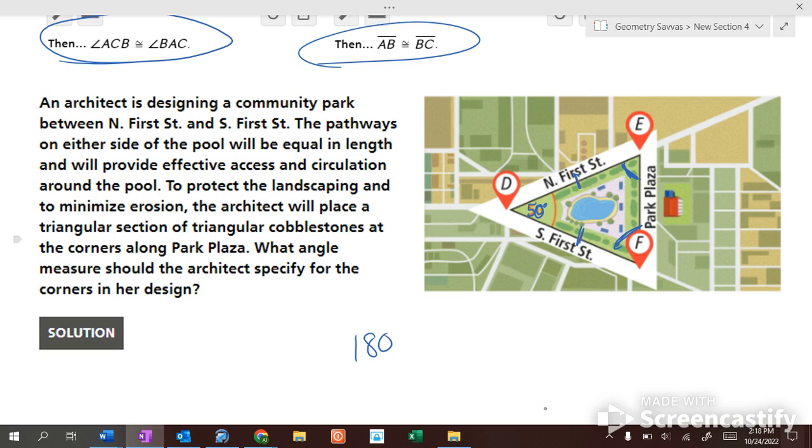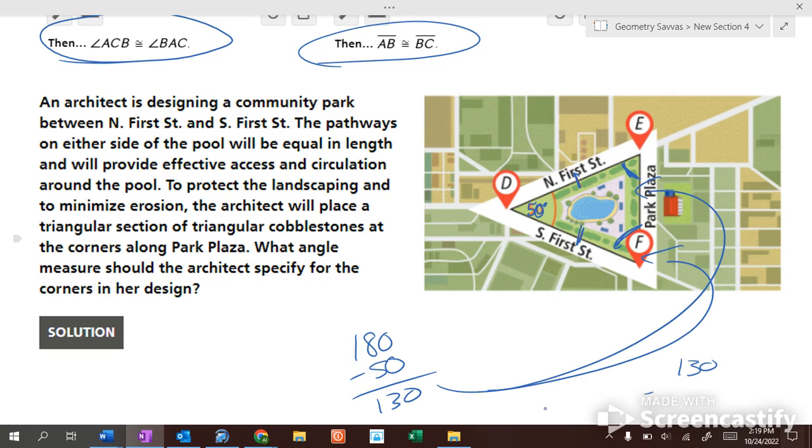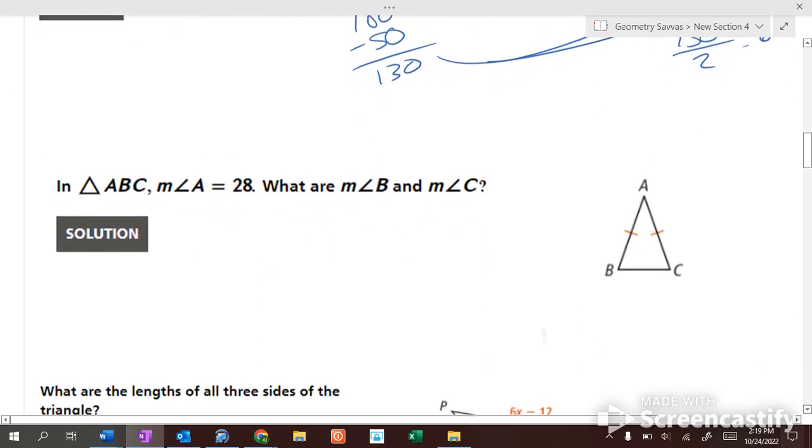So if you take 180 minus the 50 degrees that we already have, 130 is shared between those two angles. If you take 130 and divide by the number of angles they're shared by, what do we get? 65. So each angle there is 65 degrees. Angles E and F are both going to be 65 degrees.